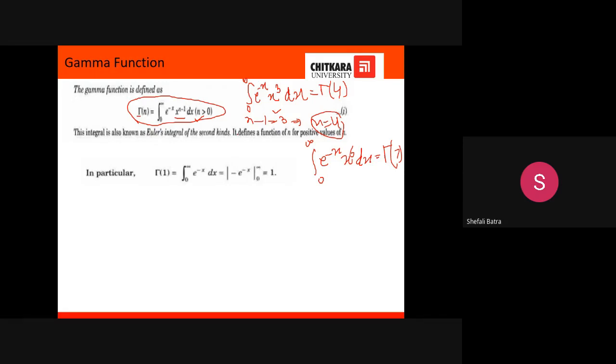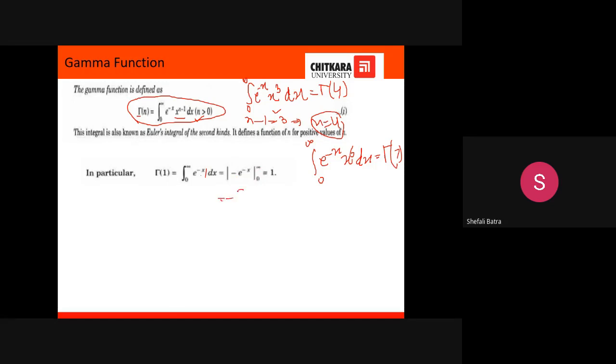Right. So in particular, I'm finding gamma 1. For gamma 1, we'll be putting n is equal to 1. So the integral is 0 to infinity, e raised to power minus x, x raised to power 1 minus 1, that is 0, so 1 into dx, is equal to, you will be integrating it, e raised to power minus x upon minus 1, then put upper limit minus lower limit.